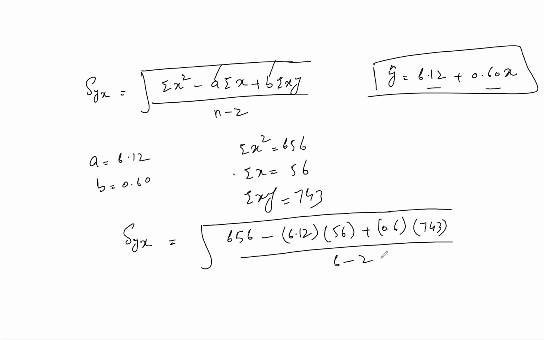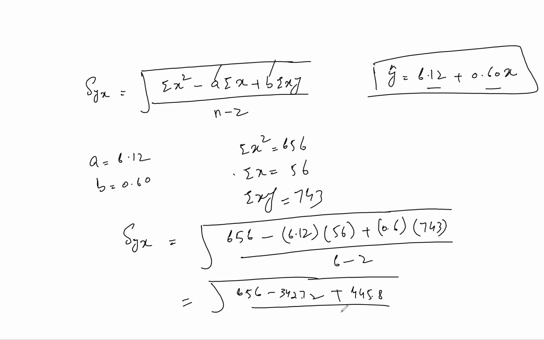It can be like this: 6.12 times 56, which is 342.72, and I have 656 minus 342.72 plus 0.6 times 743, which is 445.8, over 4.